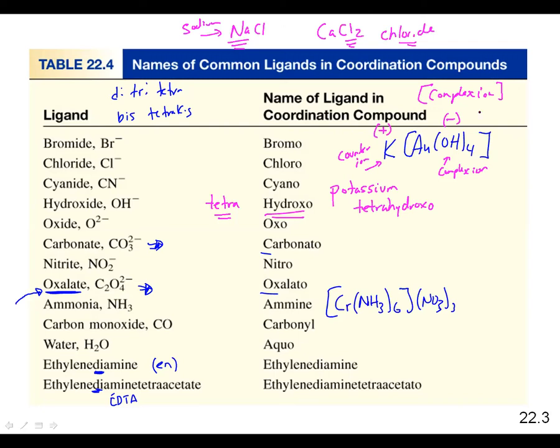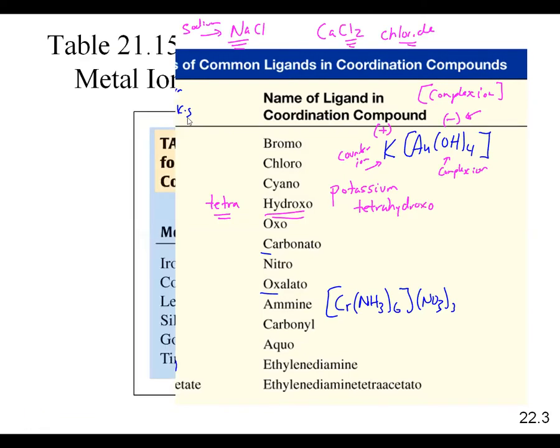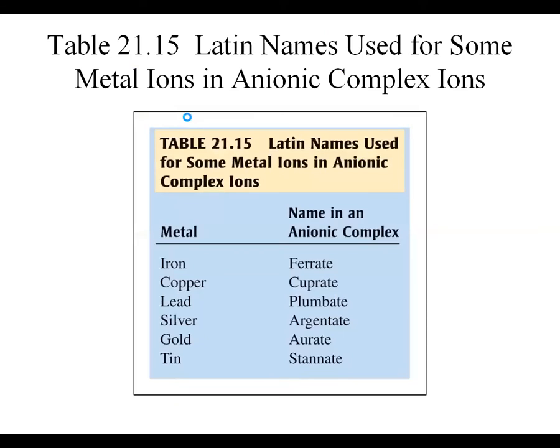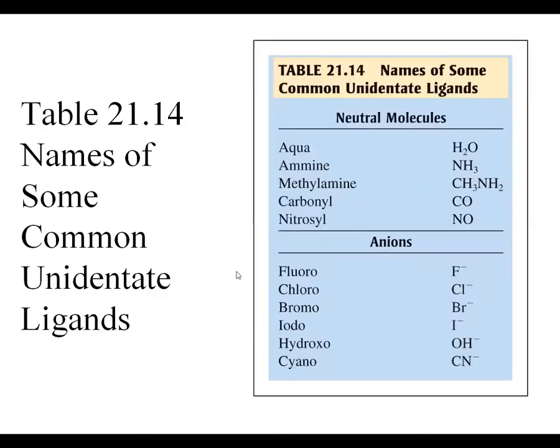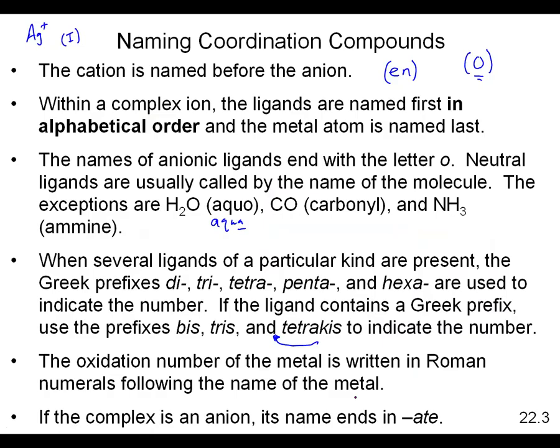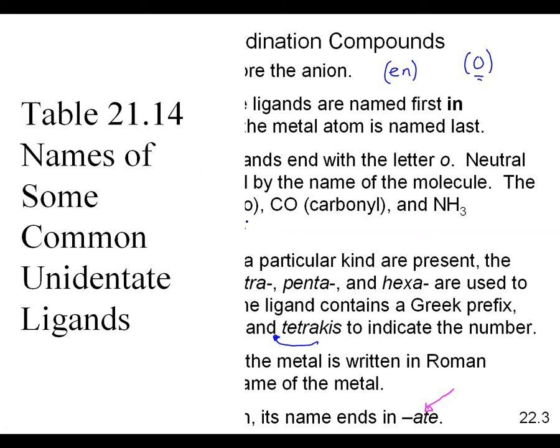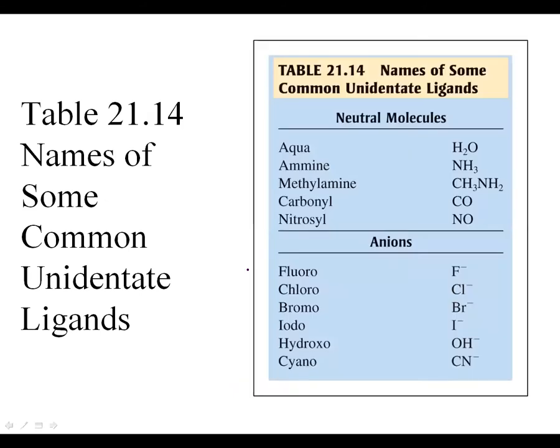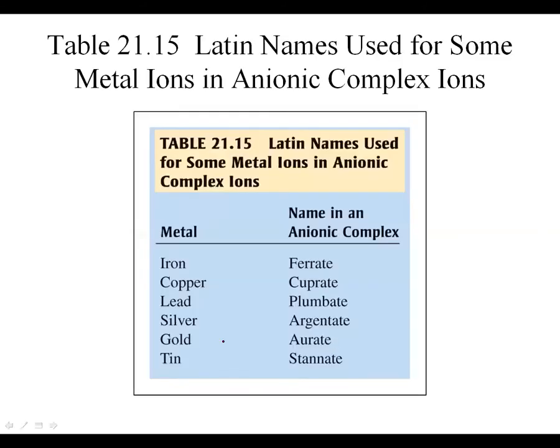Now, the important part here is when we look at the complex ion part, we already established that it is negative. And if you remember, when the complex ion part is negative, that is when we use those old school ways of naming it. So when we look at this, which is gold, we want to use this name instead of gold.